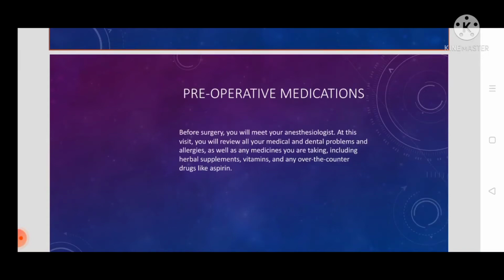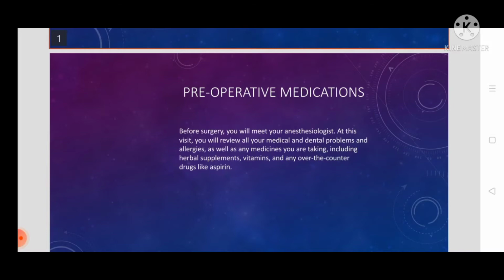So, pre-operative medication. So, this is before surgery. You will meet your anesthesiologist. At this visit, you will review all your medical and dental problems and allergies, as well as any medications you are taking, including herbal supplements, vitamins, and any over-the-counter drugs like aspirin.